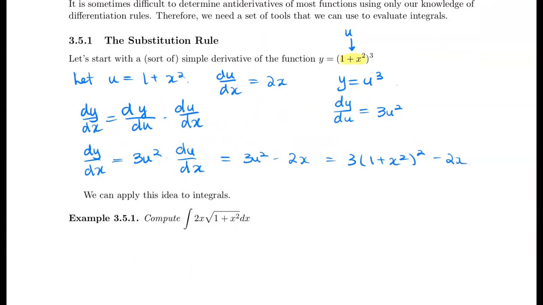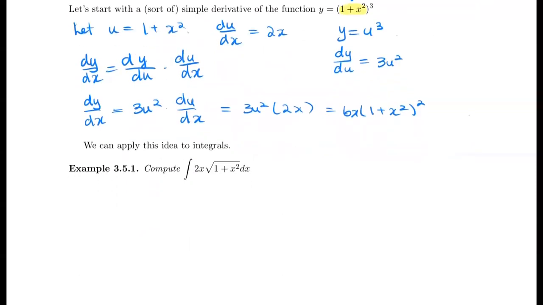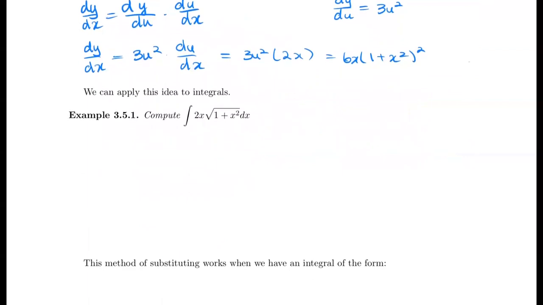So we could apply this idea to compute some integrals. So I made some small mistake here. There should be 2 times x here. So that means we should have 6x here, not subtract. Yeah, so that's what y prime should be.